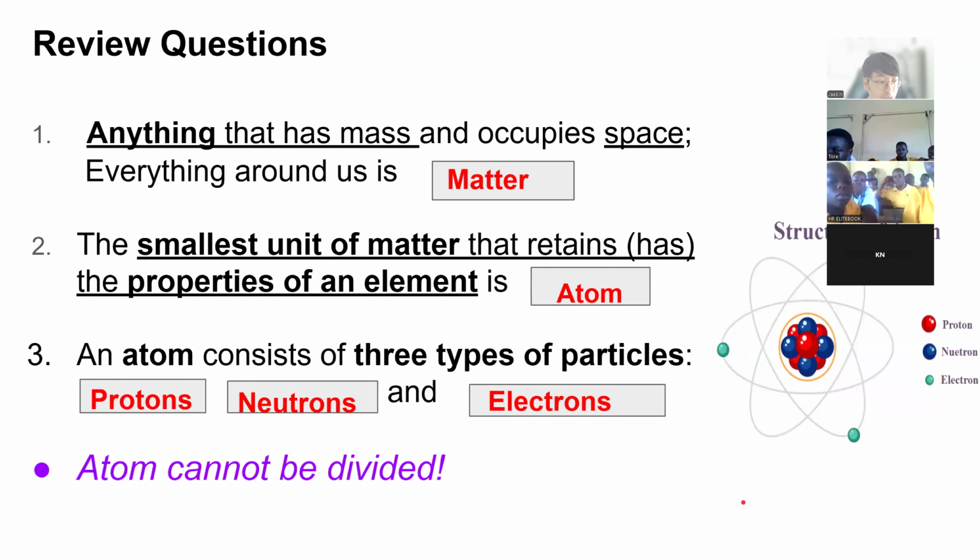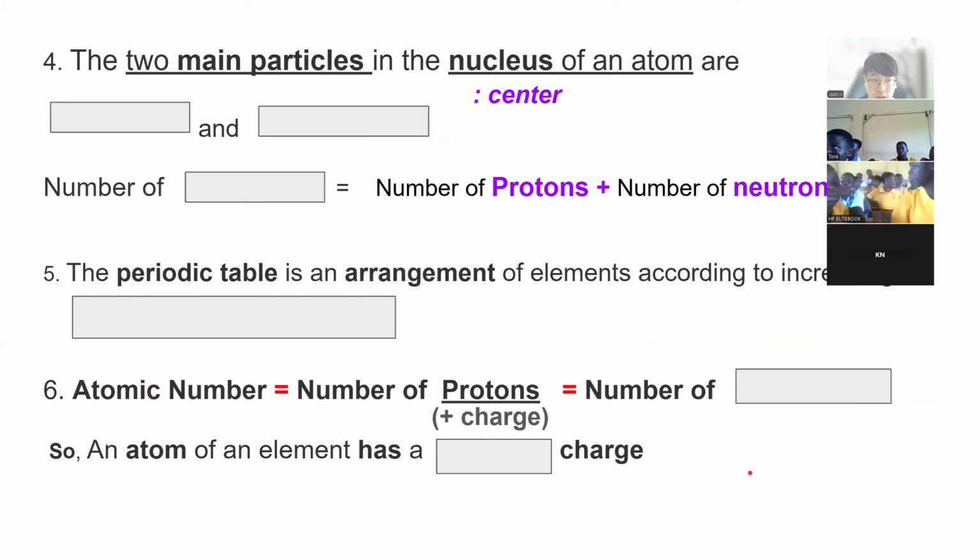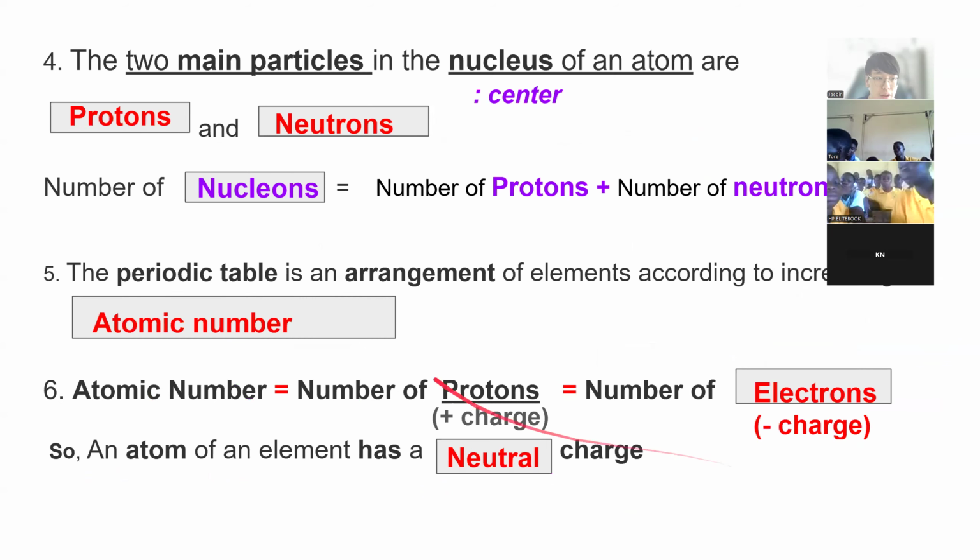Here was where I talked about matter, the atom, and parts of the atom. And here is where I talked about the nucleus, the center, which contains protons and neutrons, nucleons, atomic number, and the charges.